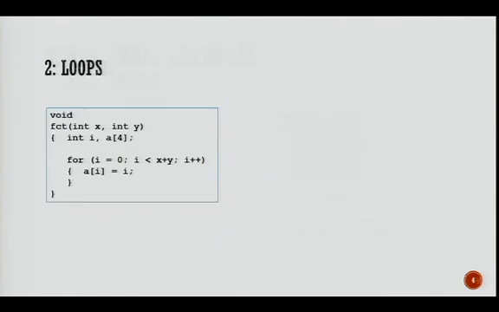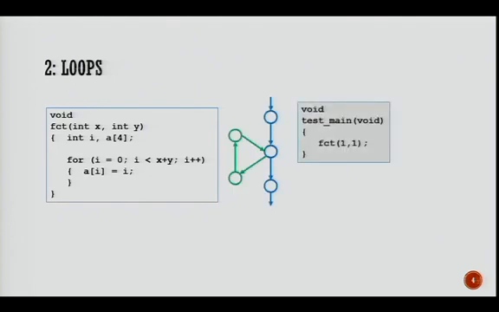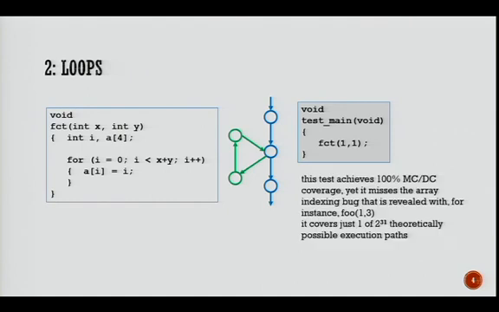Here's a second example with a very simple loop, where we loop by setting elements in an array up to some limit that is determined by the arguments x and y. Of course, it's a silly, artificially constructed example, but that's the control flow graph. You can do 1 test and achieve 100% MCDC coverage, and you'll miss the obvious bugs.